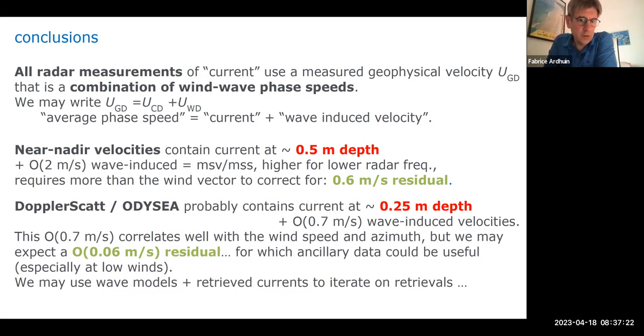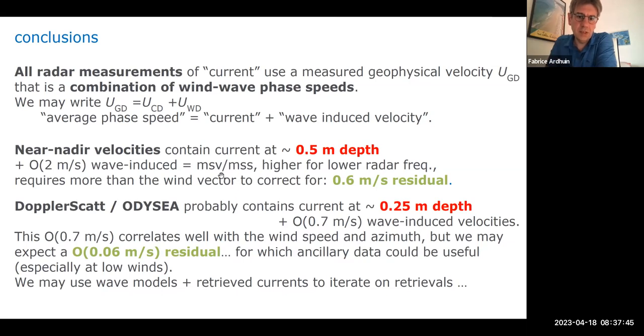But the big difficulty at near-nadir velocities, and that goes all the way to 20-30 degrees from nadir, is that you have a really large contribution of the waves to the signal. There's actually a good approximation of that velocity, which is the mean square velocity divided by the mean square slope, and that's a function of incidence angle and radar frequency.